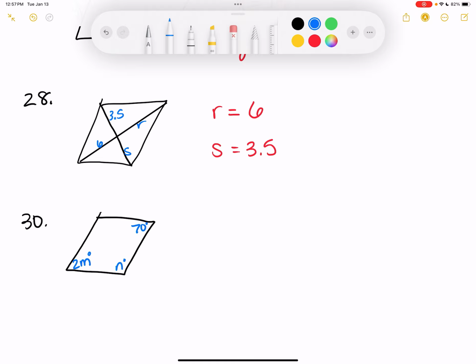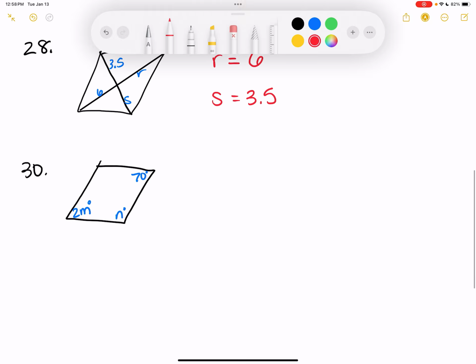How am I going to go about solving for m? I'm going to set 2m equal to 70, because opposite angles are congruent. Then divide by 2, so m is equal to 35.